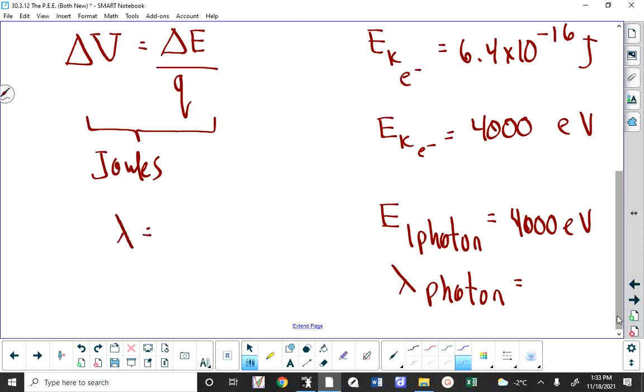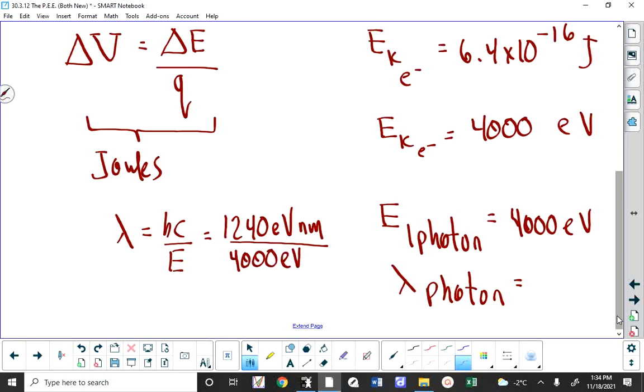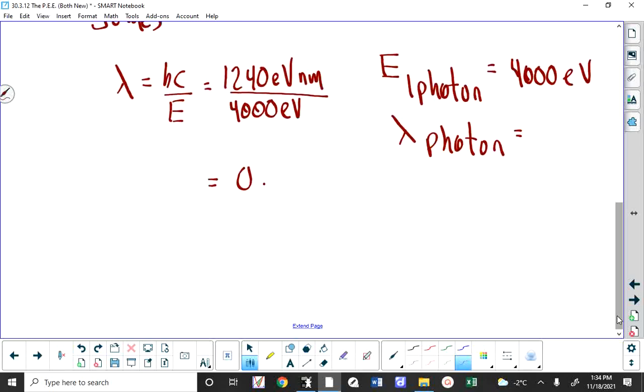Well, the wavelength will be hc over E. And I think it's legitimate to use nanometers for X-rays. I think 1242 over 4,000 is a good thing to do here. 1242 eV nanometers over 4,000 electron volts of energy per photon gives me 0.3, very close to 0.3. 0.3 what? 0.3105?